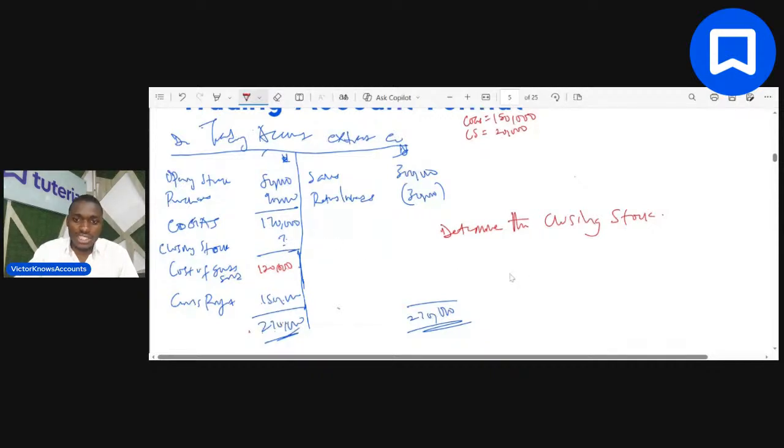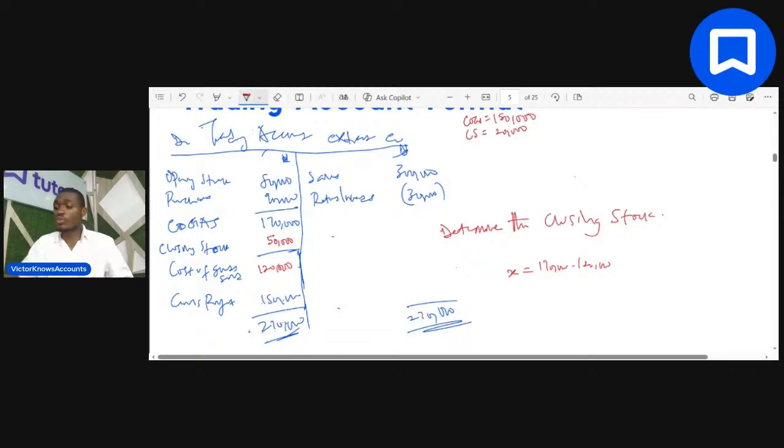You can say x equals 170,000 minus 120,000. So what does that give you? 170 minus 120 gives you 50,000 naira. So it's actually as simple as that.